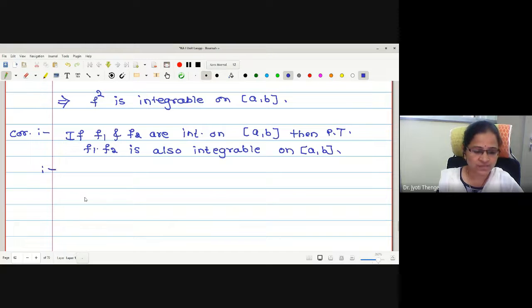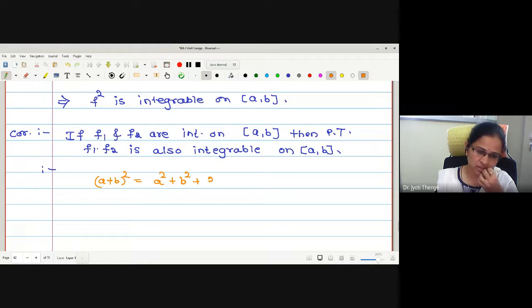Now, as the function f square is integrable, how can I write this product in terms of f1 and f2? For this, I am going to make use of this formula: (a plus b) whole square. How can I write (a plus b) whole square? a square plus b square plus 2ab. Then how can I write this product ab in terms of a and b?